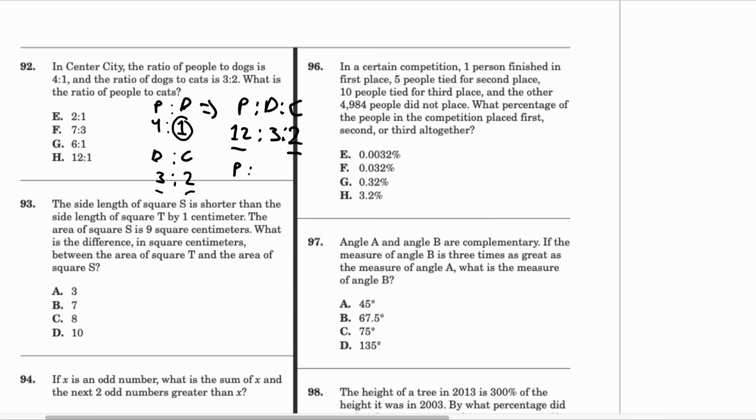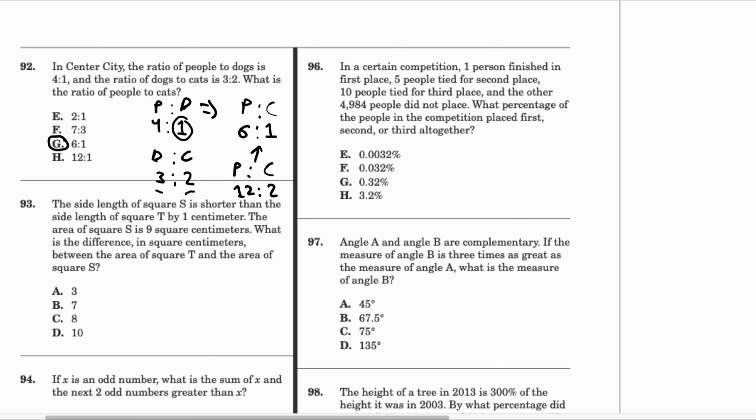So people to cats is going to be 12-2. And if we divide both sides of this ratio by 2, then we're going to get, for every 6 people, 1 cat. And we see that is answer choice G.